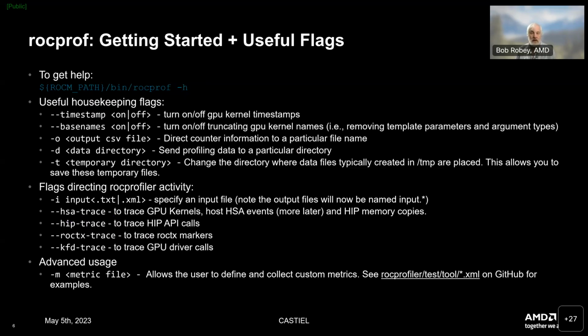And then even the GPU driver calls through the KFD layer. So you can choose what layer to use. You can do more than one, and depending on the programming language or compiler, sometimes it's best to use the hip trace. Sometimes it's the HSA trace, but you can use both of them in the same run.